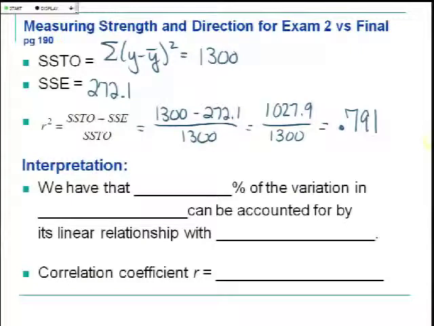So we have about 79%, 79.1% of the variation in our response. Which one's our response again? The final exam scores. About 79% of the variability we saw in the final exam scores can be accounted for by the linear relationship it has with the exam 2 scores.